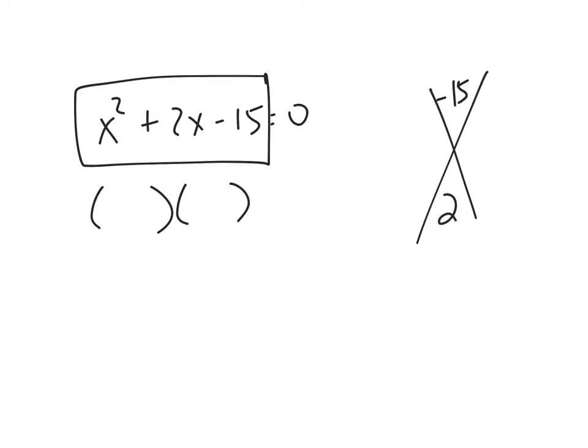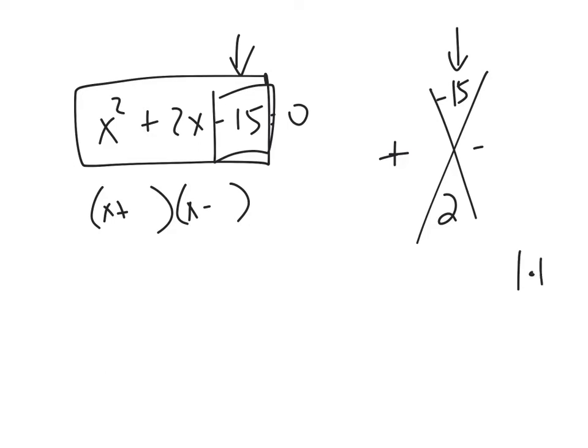Now, there's a couple rules about negatives. If the last number is negative, then I have to have one of each sign in my parentheses. So I have to have an x plus, and I have to have an x minus, or vice versa. It doesn't matter. I got to have a plus and minus here, right?